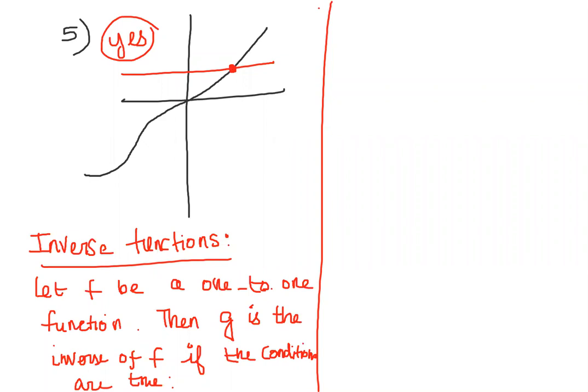There are two conditions. Number 1, we have to prove f composite g of x equals x. We have learned about the composition of two functions earlier. If this is true for all x in the domain of g.